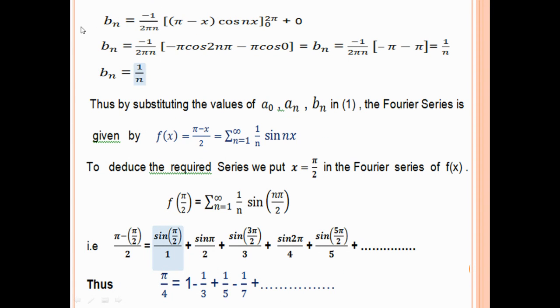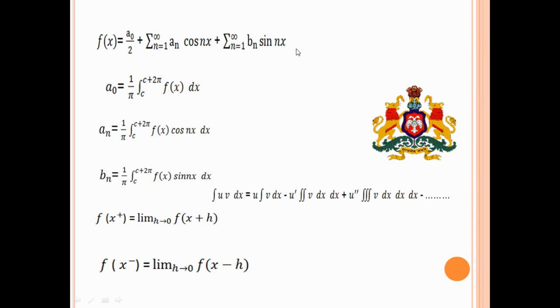After applying the limits, bn is equal to minus 1 divided by 2 pi n, (pi minus x) cos nx, limits from 0 to 2 pi, and the second term is 0. Then apply these limits, we get minus 1 divided by 2n pi, (minus pi cos 2n pi minus pi cos 0).